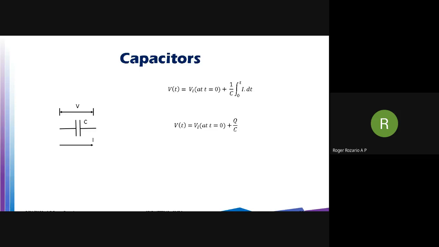So instead of this integral, I will replace it by the charge q. This equation becomes v of t equal to V1 plus q by C.